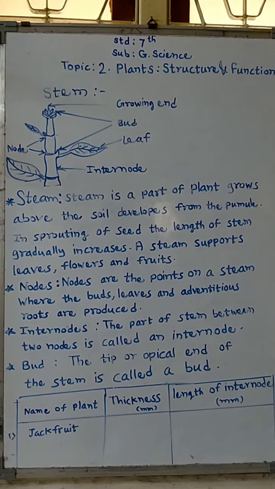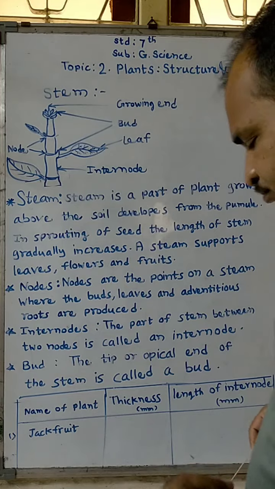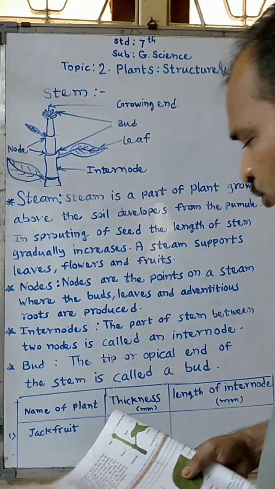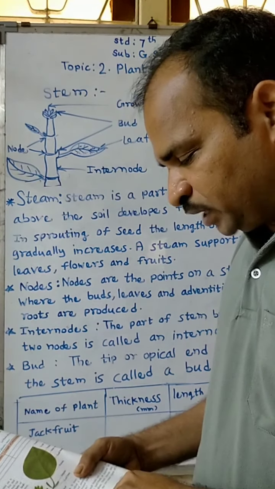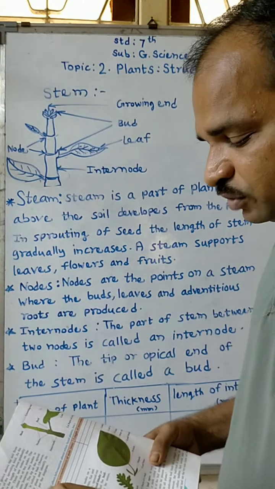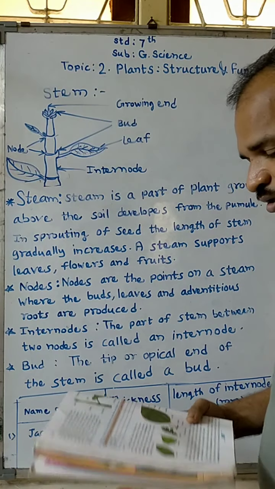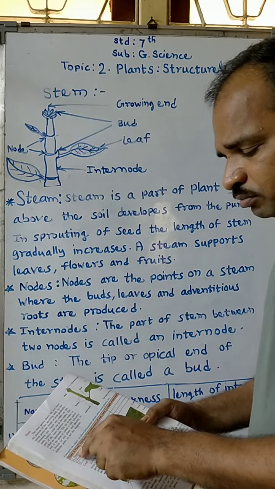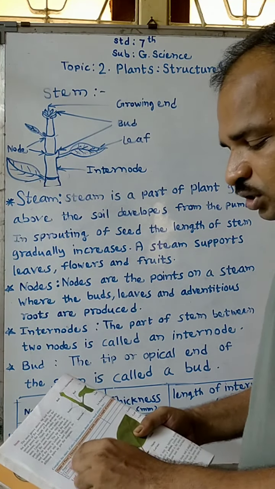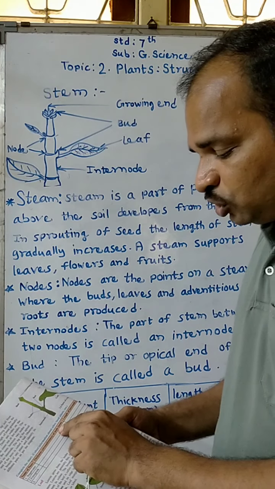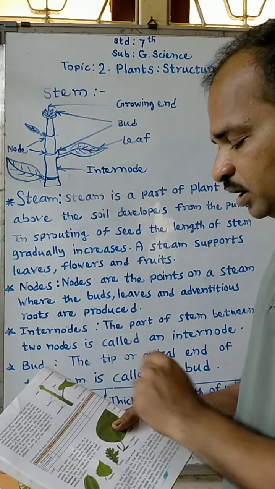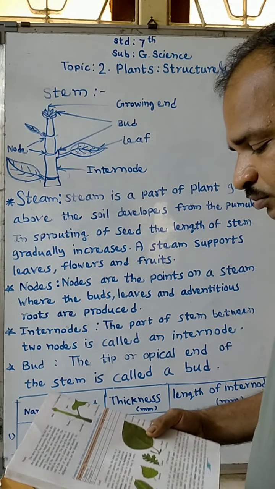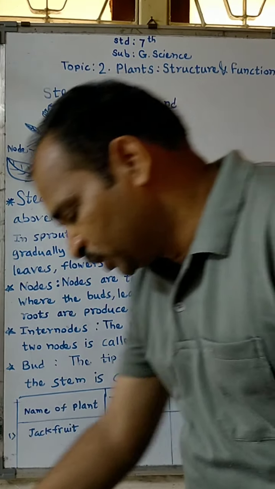If we have to measure the thickness of a node, in your textbook on page number 12, there is a table where you have to complete the chart. There are 3 columns. In the first is the name of the plant. The second is the thickness of the node, and the third is the length of the internode. We have to calculate the thickness of the node in millimeters.